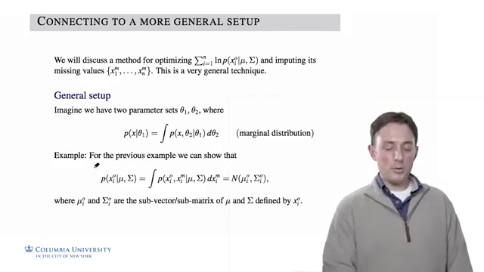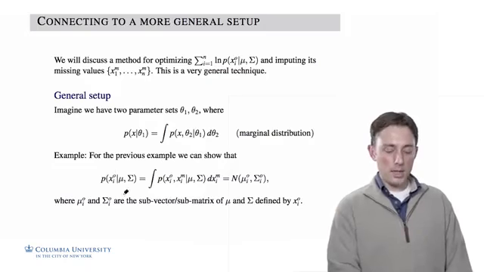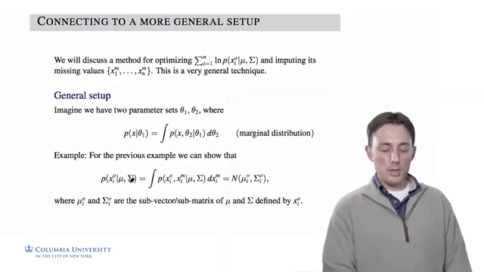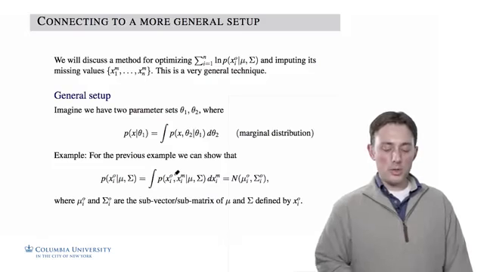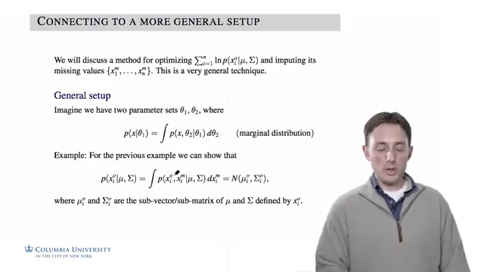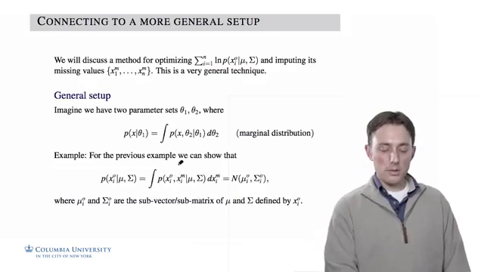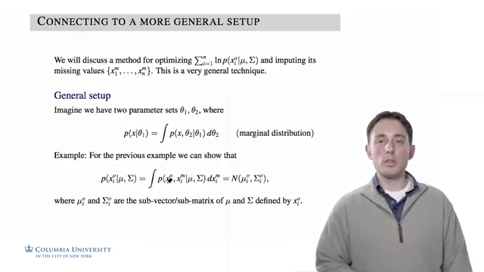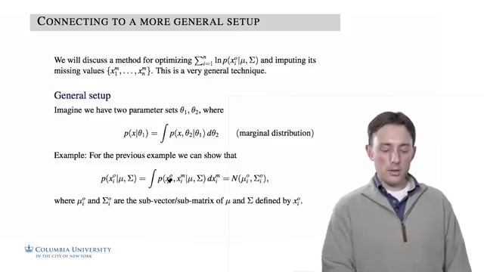So for example, if we want to return to the missing data problem, we can see that this likelihood, what we want to maximize over the observed portion of the vector, and where theta 1 could be the set mu and sigma, is equal to the integral of the joint distribution of the missing and observed portion. So this is a multivariate Gaussian with mean mu and covariance sigma, but now we integrate out the missing portion of the vector.